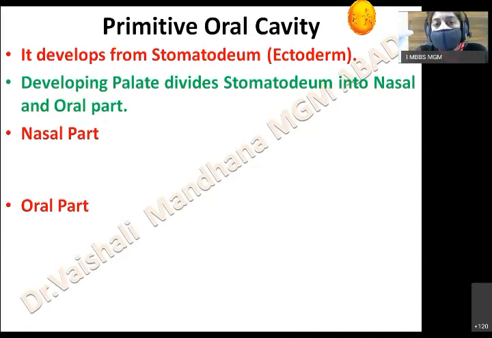This large cavity is divided into two parts: upper nasal cavity and then lower oral cavity. So remember, when the buccopharyngeal membrane ruptures, you are getting a large cavity. Then palate develops, and this palate will separate the cavity into two parts: nasal part and the oral part.